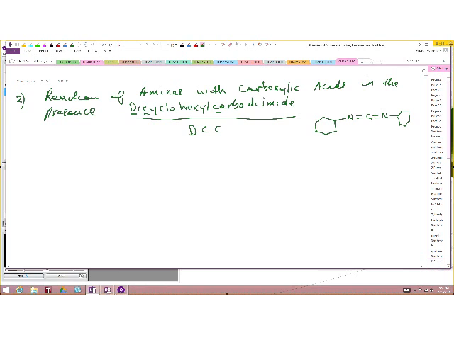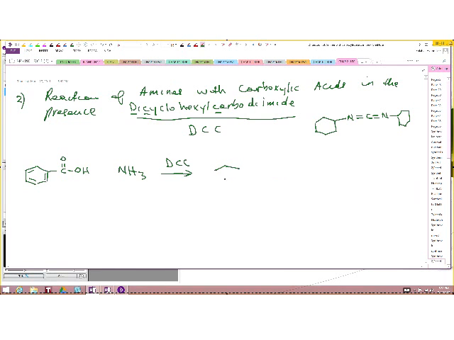That is the molecule DCC. Now, you take a carboxylic acid, and you could take ammonia, in the presence of DCC.